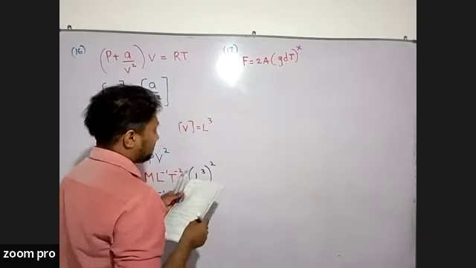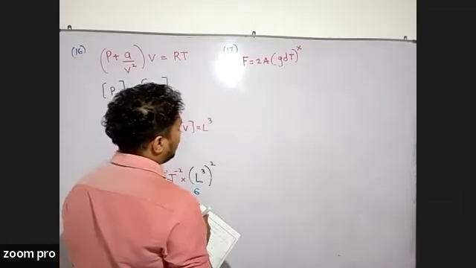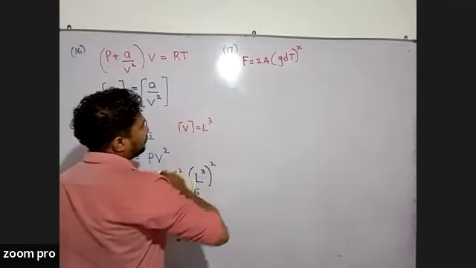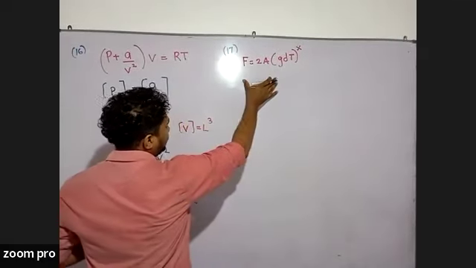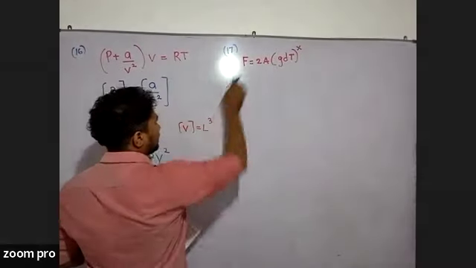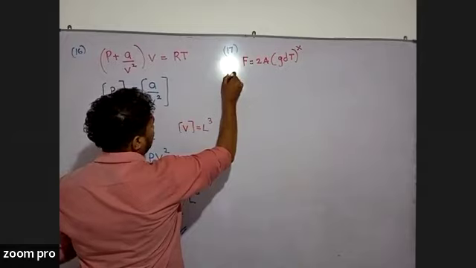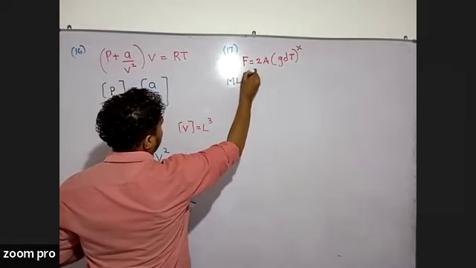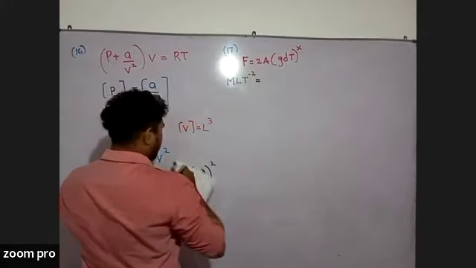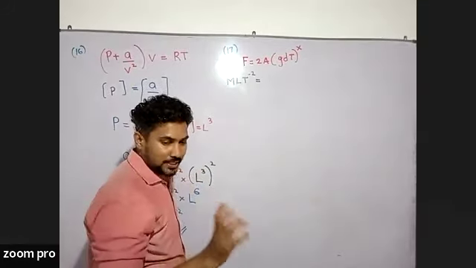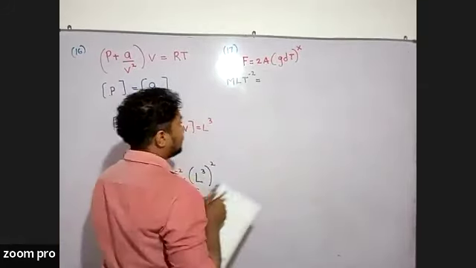Now A means area. So if I substitute the relevant dimensions, F means force, so it should be M L T minus 2. When you consider the dimensions, you can neglect the numerical values.